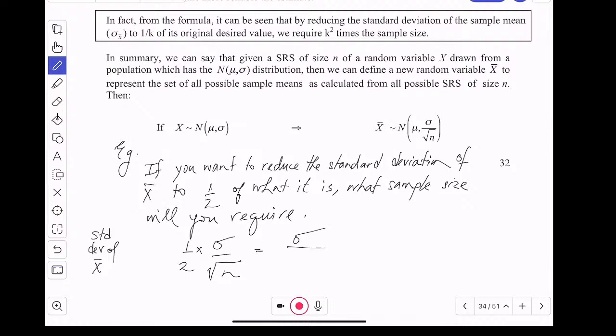What would that mean? So you see, to get half of this amount is the same as using a sample size times 4.